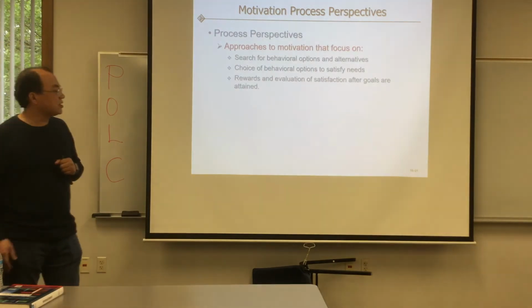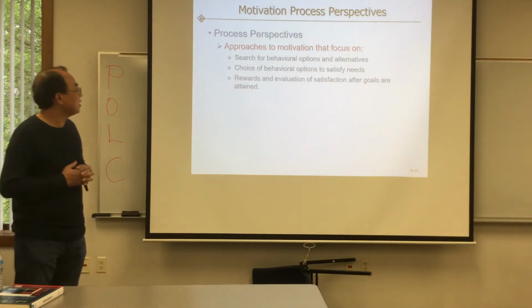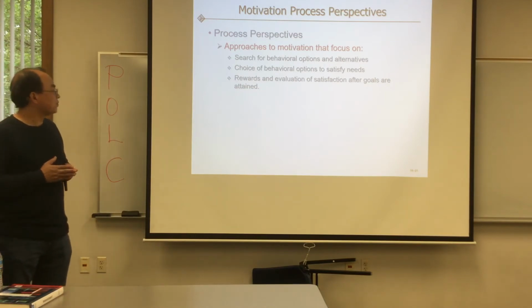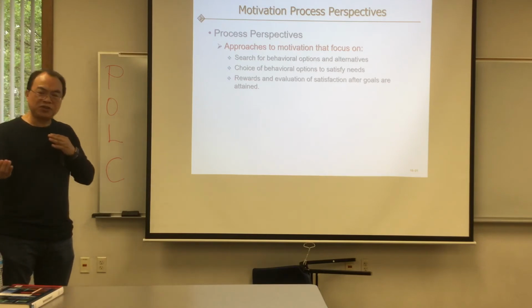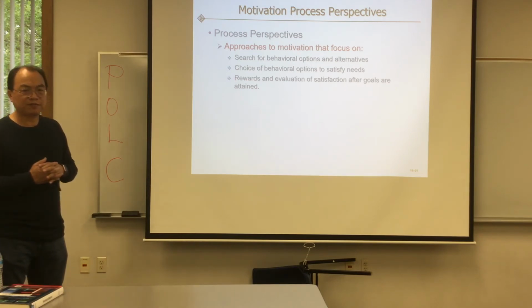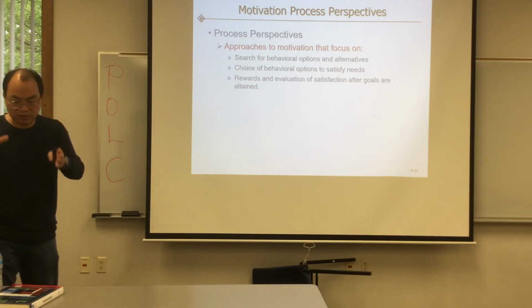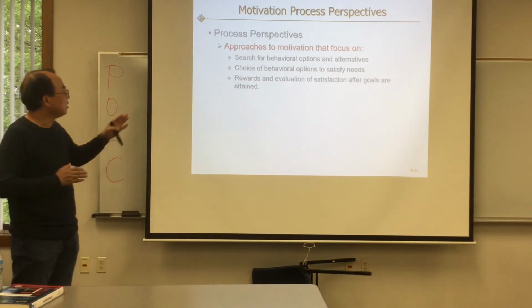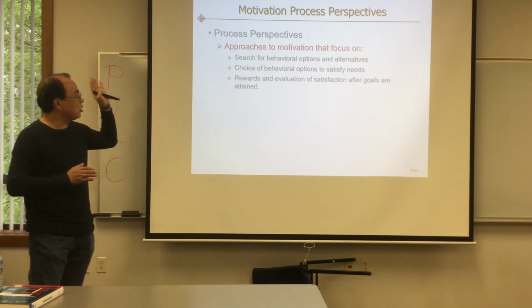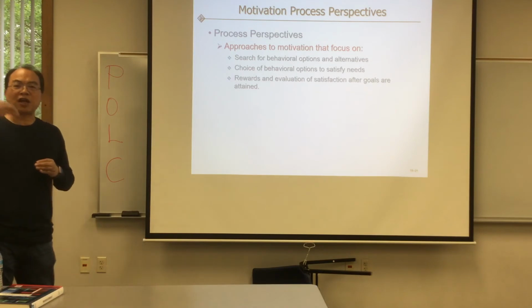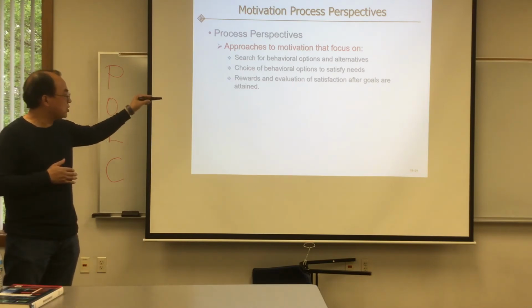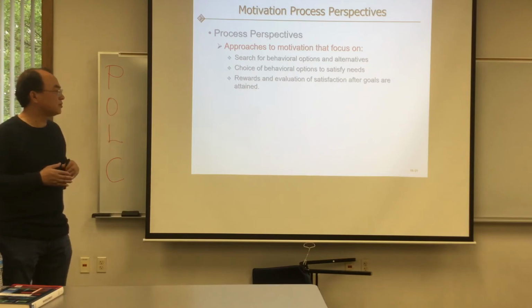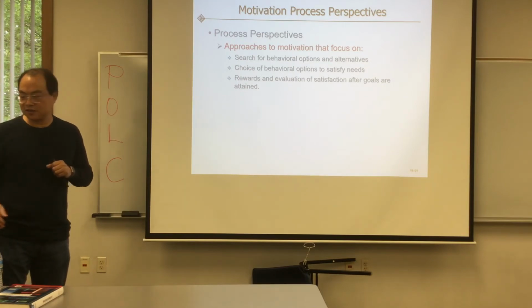Under the process perspective, the different approaches: we need to search for behavior options, alternatives. We already know what motivates a person, but then you choose the right approach to satisfy that individual's needs. And then you give rewards, and you try to evaluate when these goals are attained.